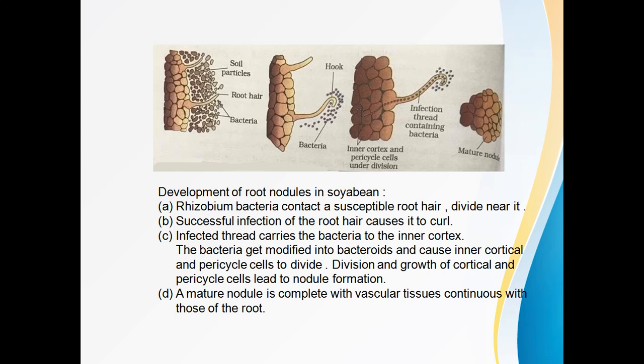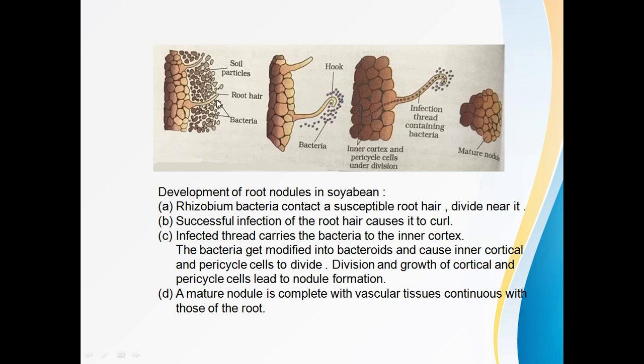This is the process of nitrogen fixation, nodule formation. Nodule will be formed in the process of nitrogen fixation. Nodule formation involves interactions between bacteria and roots of the plant.